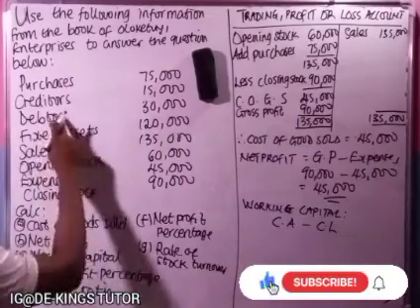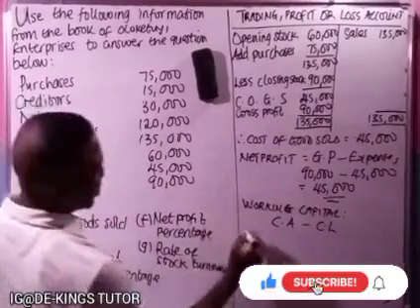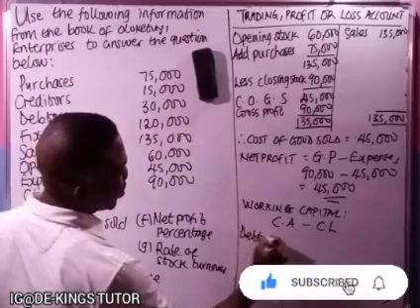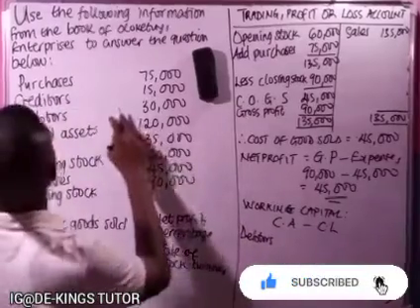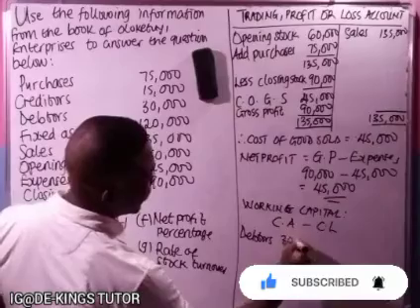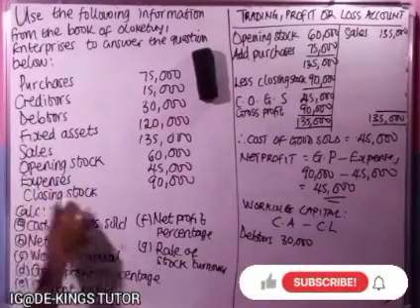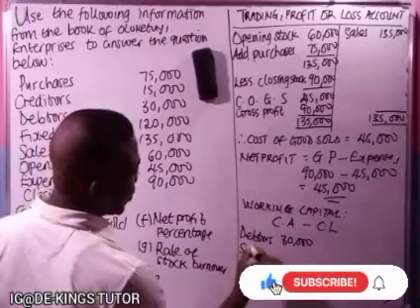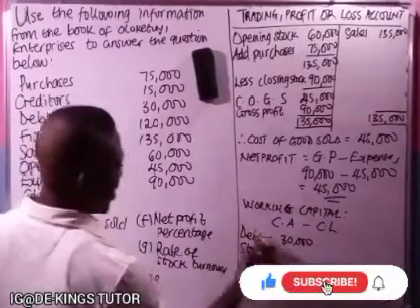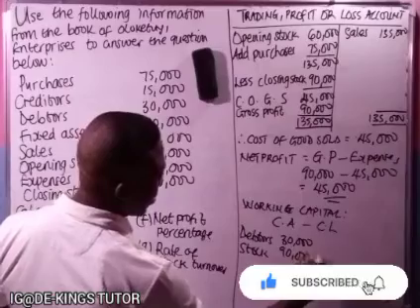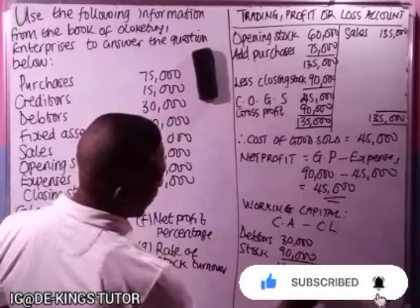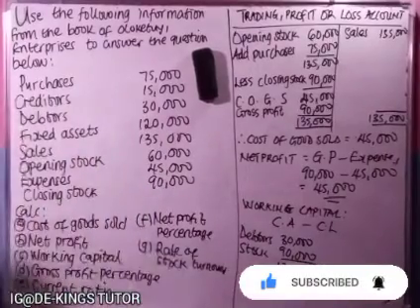The first one is the debtors. How much is it? 30,000. Now let's check. We have our closing stock as 90,000, and that's both of them for 120,000.